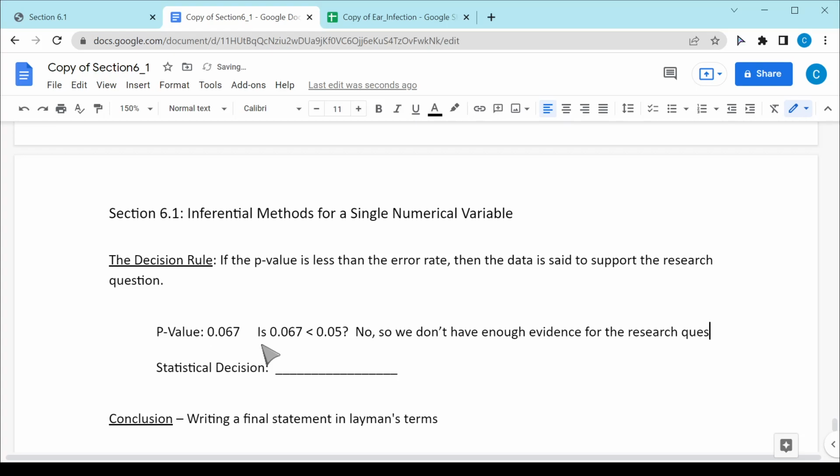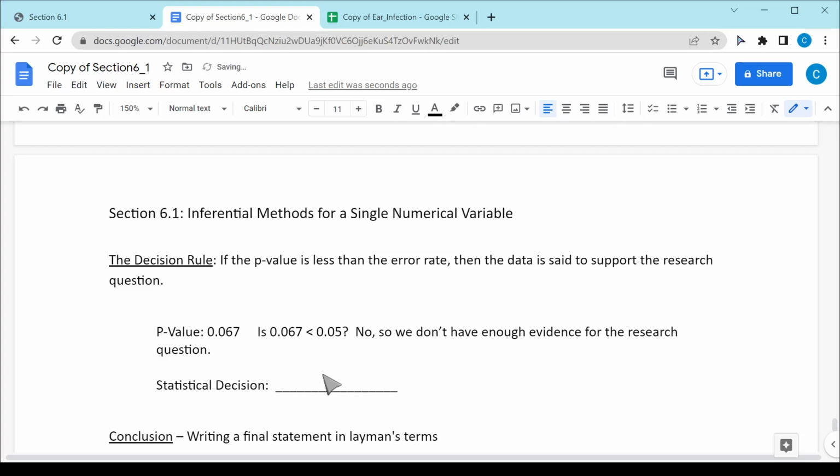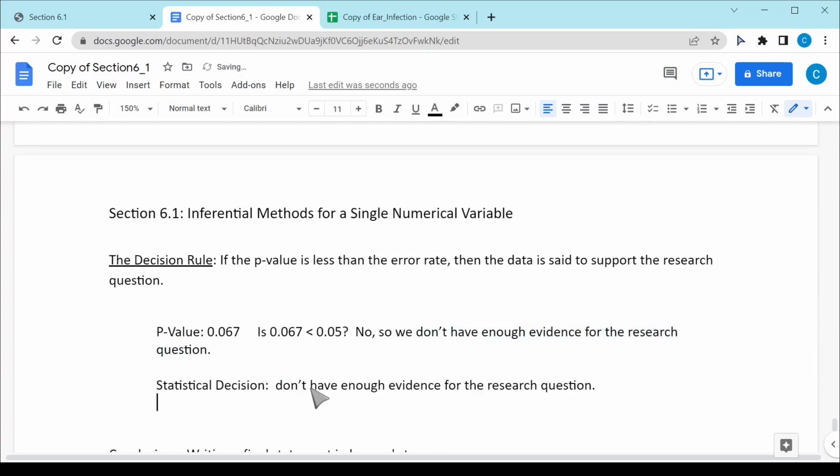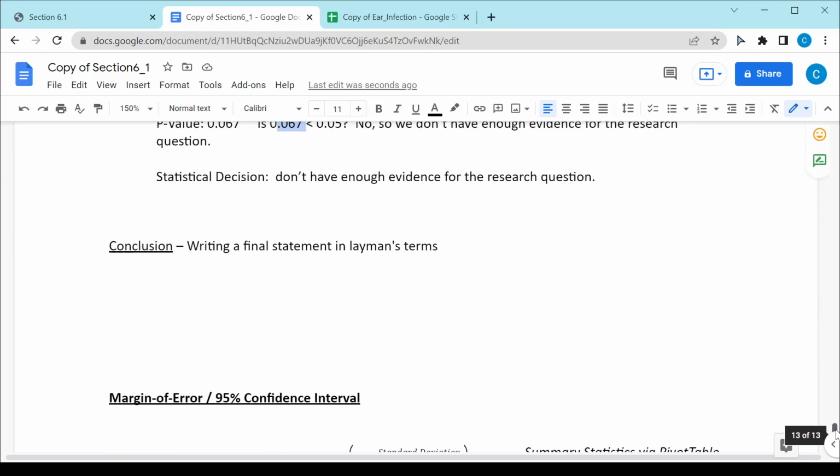Oops, I can spell question. So that's going to be our decision there. Getting ahead of myself a little bit, but that's don't have enough evidence for the research question. Now it's close, all right, but technically speaking, we don't have enough evidence for the research question.